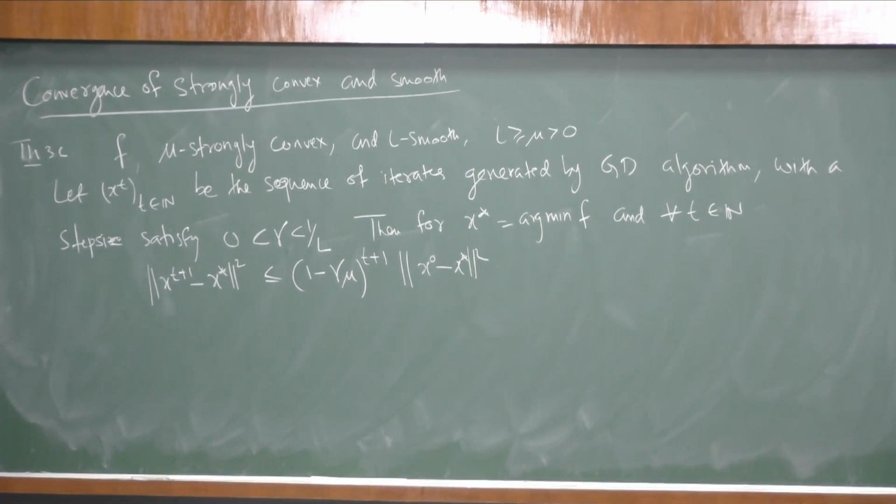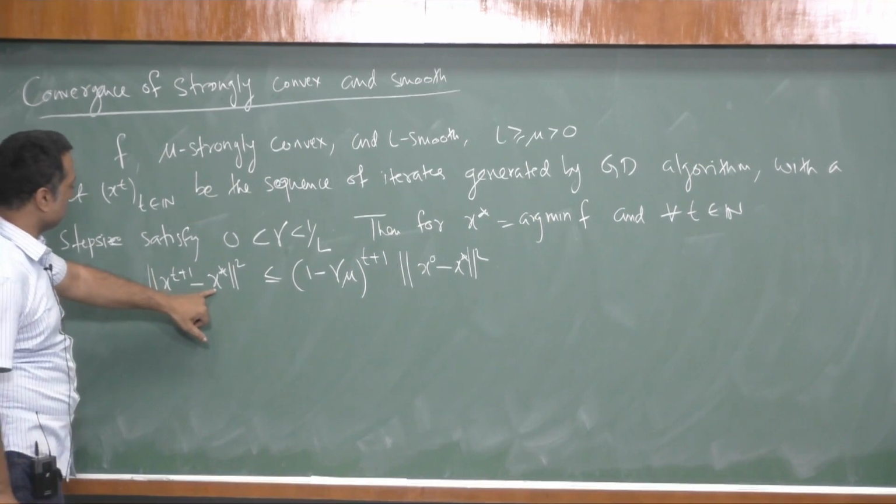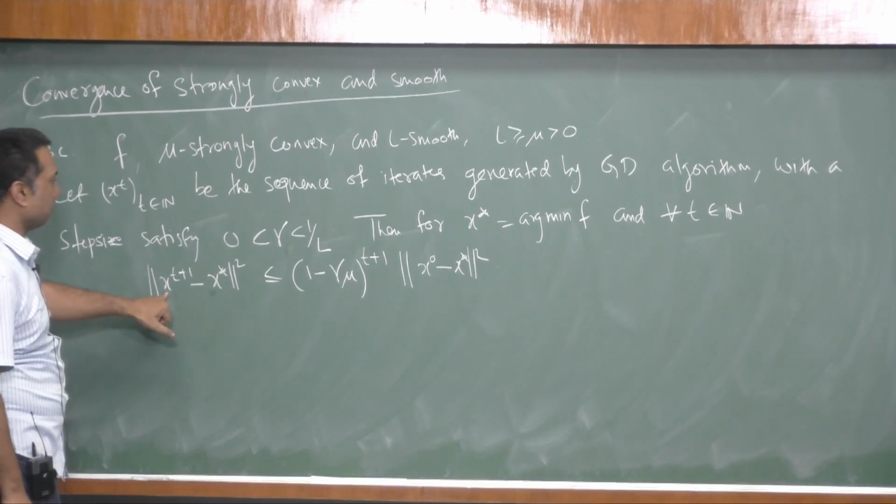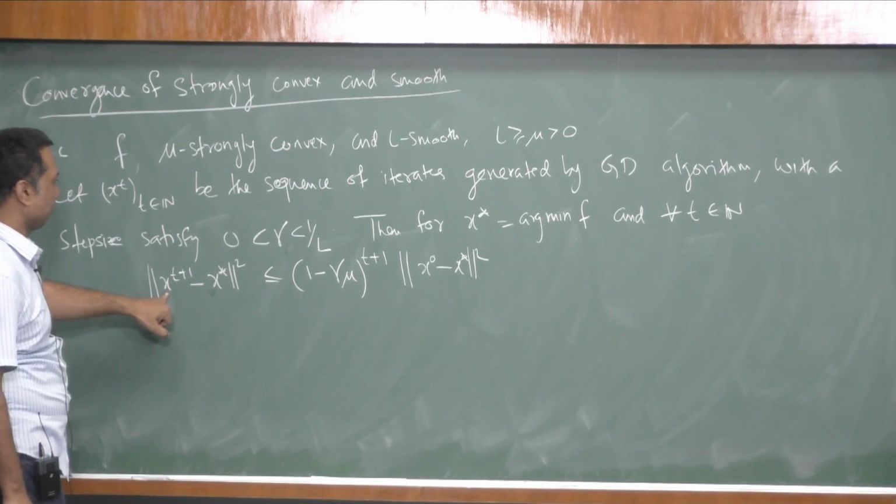So what this says is that this is the optimal solution here, and this is the one that is generated by the gradient descent algorithm.